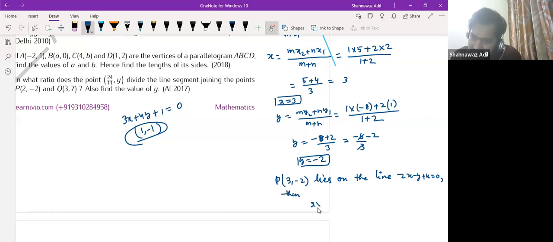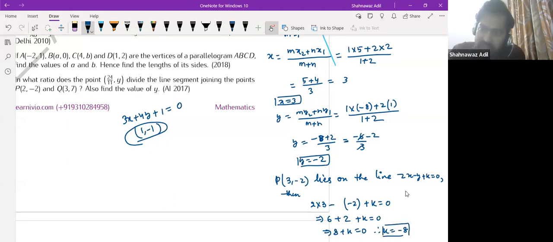So 2 into 3 minus y, into how much? Y is minus 2, right? So minus minus 2 plus k, that is 0. So this is 6 plus 2 plus k, that is 0. So 8 plus k, that is 0. So k is minus 8, as Aisha got, right.